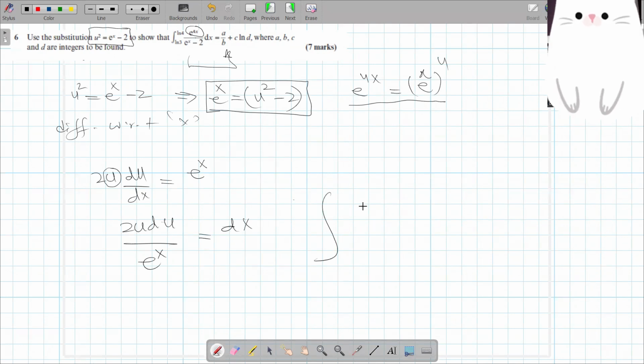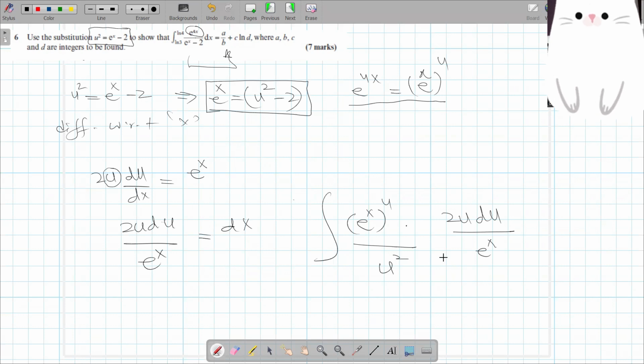So e to the power 4x is equal to e to the x to the power 4, right? And dx is equal to 2u du divided by e to the x, like this. And then e to the x minus 2 is u squared.